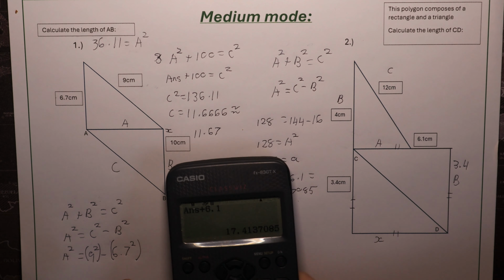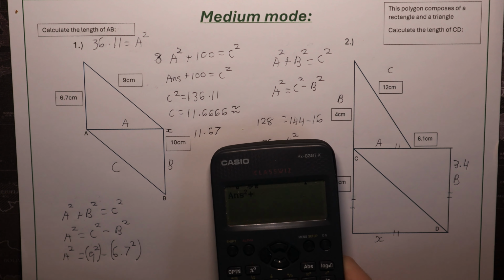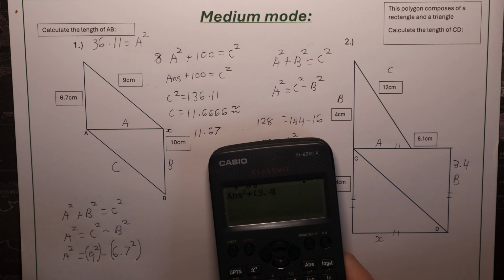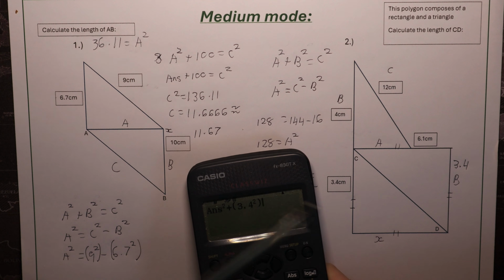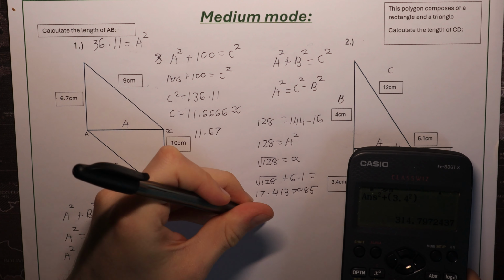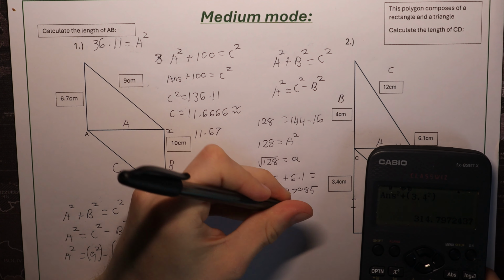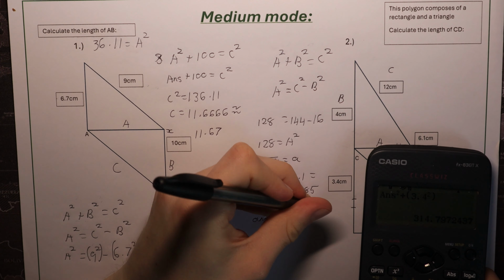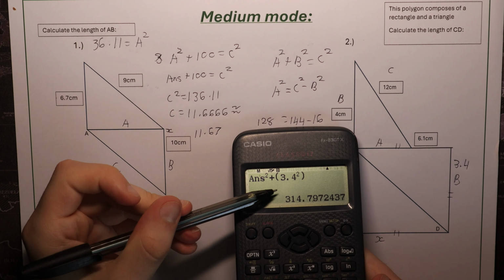So we've got this value. After this we obviously square this, plus, in brackets, 3.4 squared, and we check our values, and then what we have is answer squared plus 3.4 squared in our brackets, which gives us c squared, and c squared is this value right here.